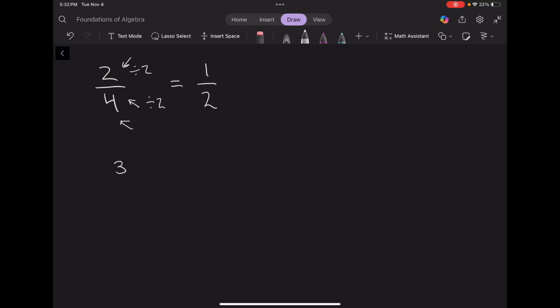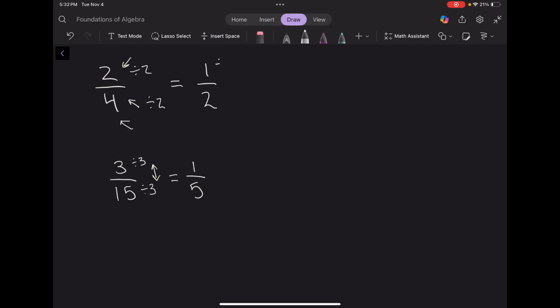So if we have 3/15, we know we can divide the top by 3 and we can divide the bottom by 3, but they have to be the same. And what we do to the top, we must do to the bottom, so then this becomes 1/5.